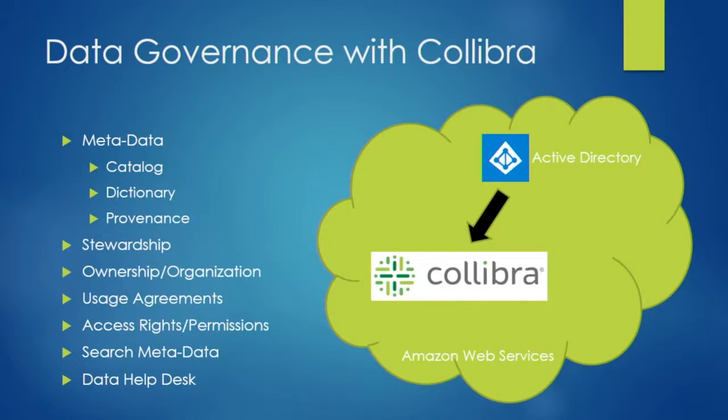On the data governance side, we purchased the product called Calibra, and it has a wide variety of features. One has to do with metadata. There's a catalog that is searchable, so a user of it can go search for data that they might be looking for.